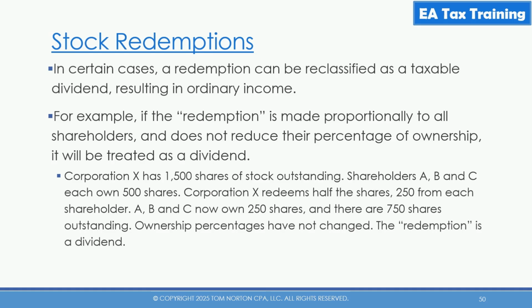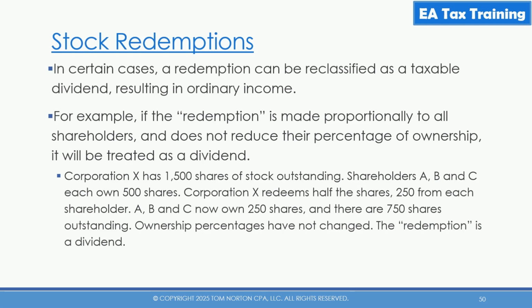Shareholders A, B, and C each own 500 shares. Corporation X redeems half of the shares, 250 from each shareholder. A, B, and C now own 250 shares, and there are 750 shares outstanding. The ownership percentages have not changed. This redemption is a dividend.